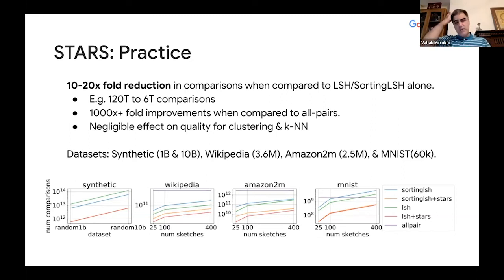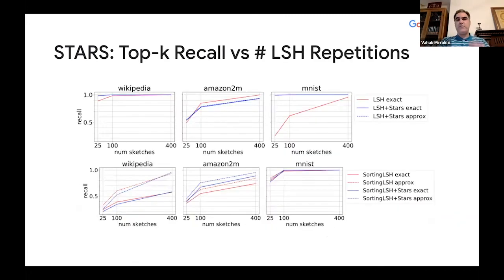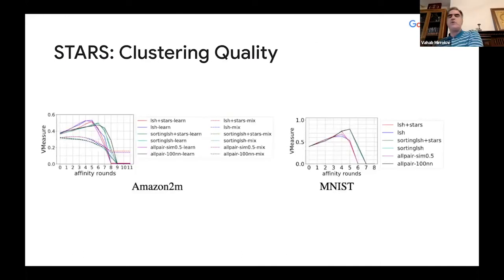But then the question is, how much do we lose in the quality of the models? We have different studies of what's the recall of the top K neighbors, and also if we run a clustering algorithm after building this graph, what's the loss in the clustering quality?